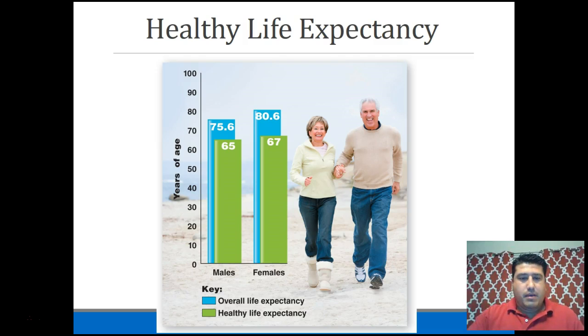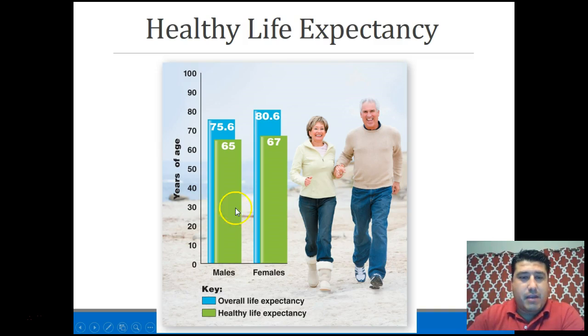Okay. So here's a chart or a graph, an image showing life expectancy, which are the blue columns, and then healthy life expectancy, which are the green columns.